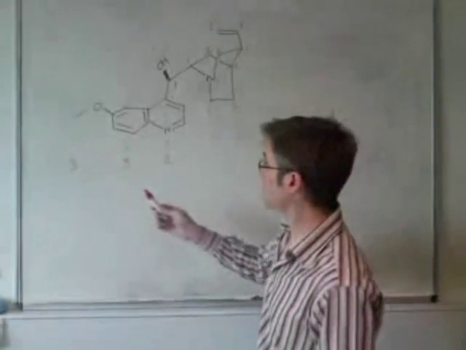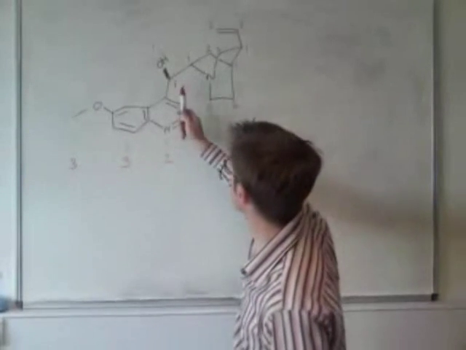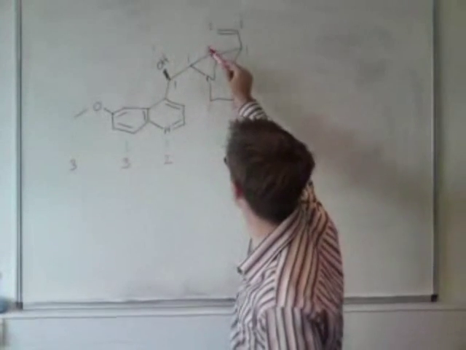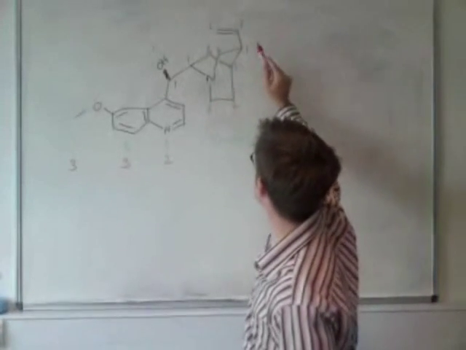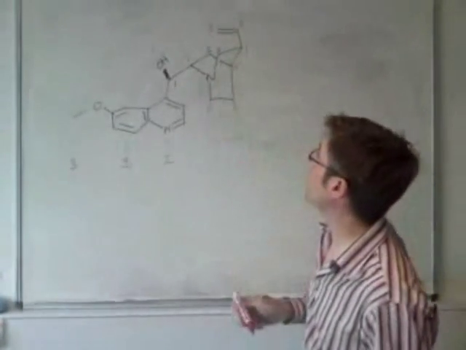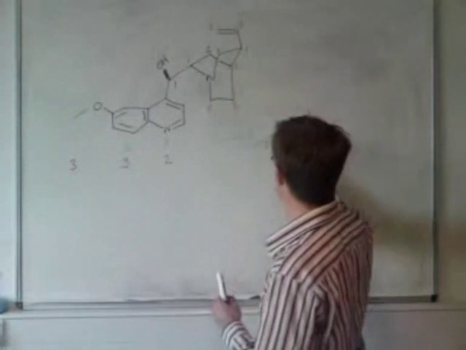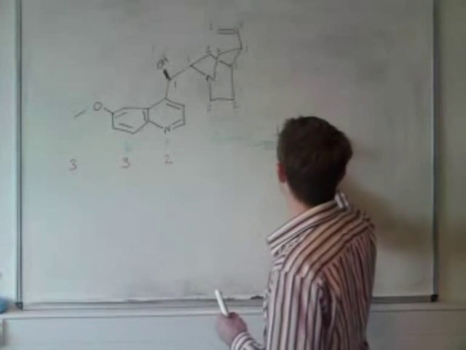So if we tot up the numbers, 3, 6, 8, 9, 10, 11, 12, 13, 15, 17, 19, 20, 21, 22, 24 hydrogen atoms on quinine.